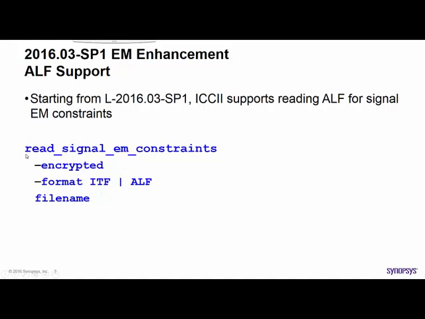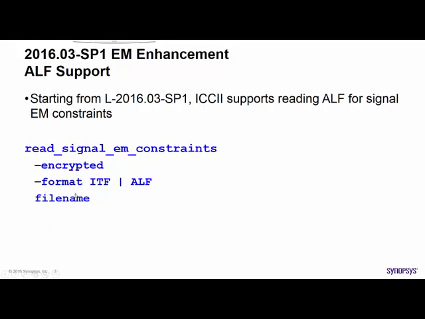The updated command read Signal EM constraints has two options. The first one, -encrypted, indicates that the EM format file is encrypted. It is exclusive with the option -format. The other option is -format.